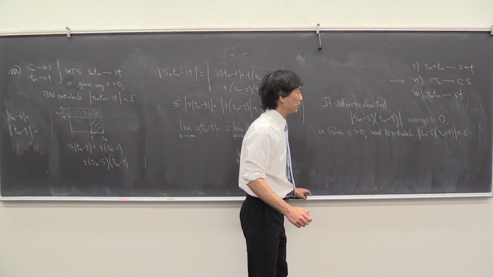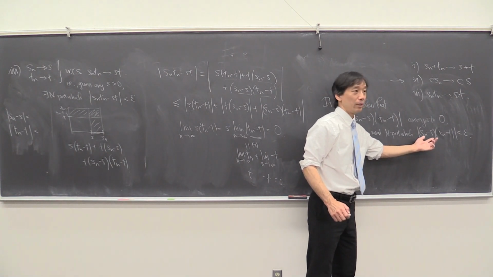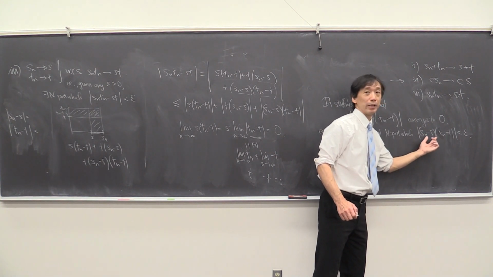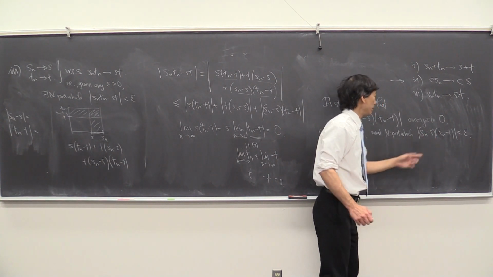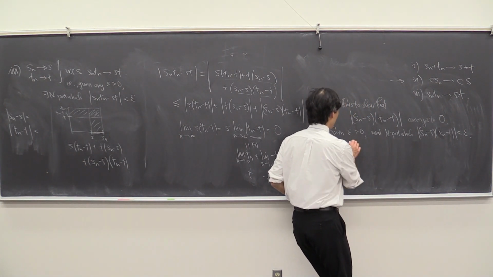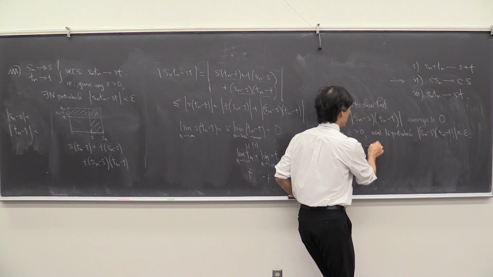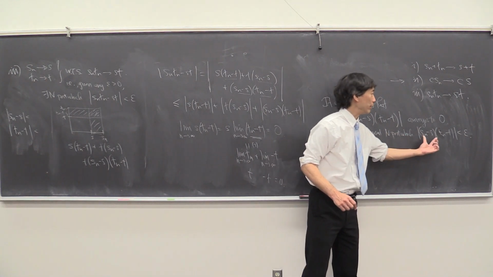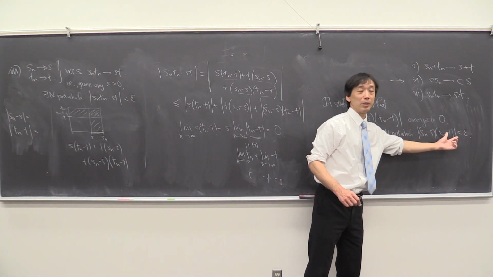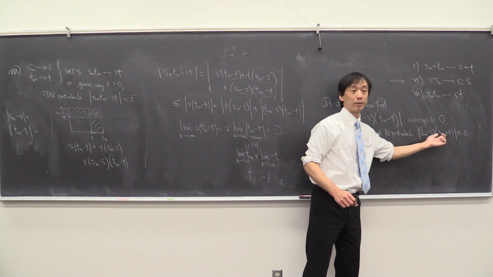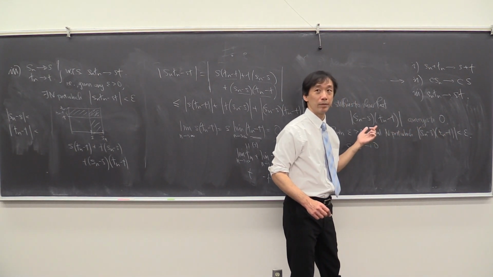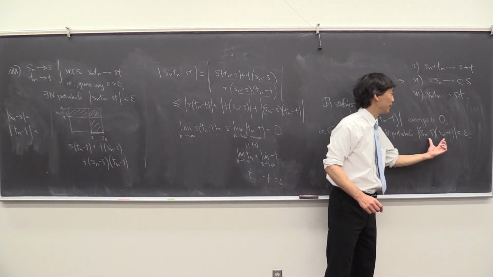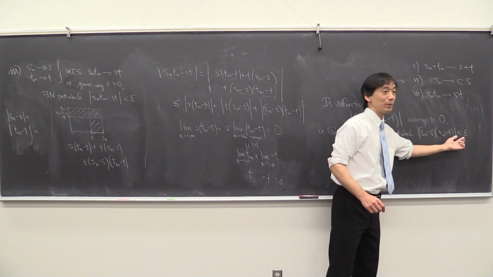We do the same sort of thing. We know each of these goes to 0. Sn minus S goes to 0. Tn minus T goes to 0. So how small do we want to make them to ensure that the product is smaller than epsilon? If we make this one smaller than something and this one smaller than something, where the product is epsilon, then we're good.